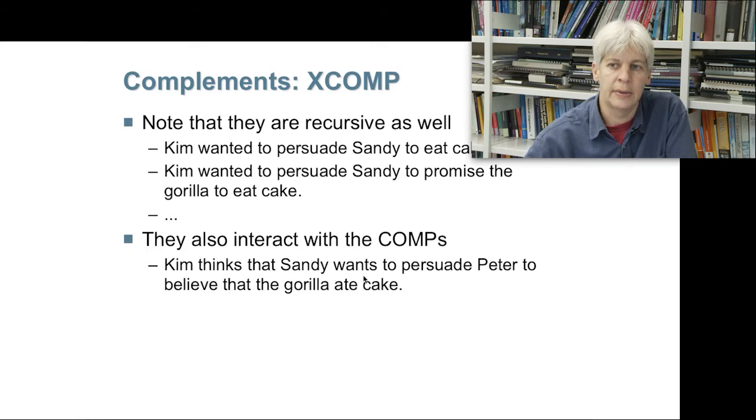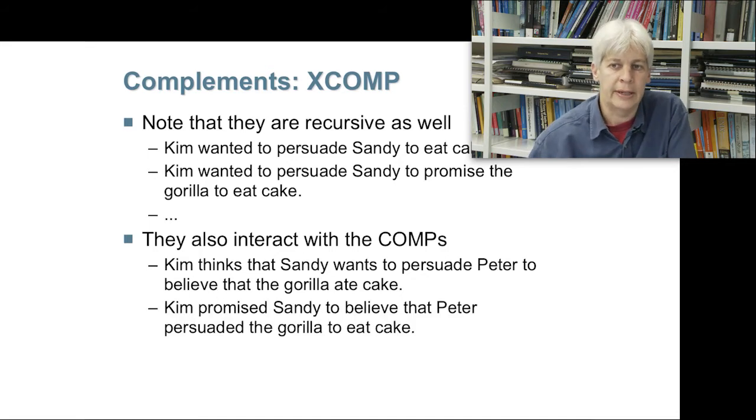She wants, and embeds an XCOMP here, to persuade Peter to do something. To do what? To believe. So this is all the XCOMP, and then we have a COMP that the gorilla ate cake. So we have a COMP, embedding an XCOMP, embedding another XCOMP, embedding a COMP, and we can do more and more of that.